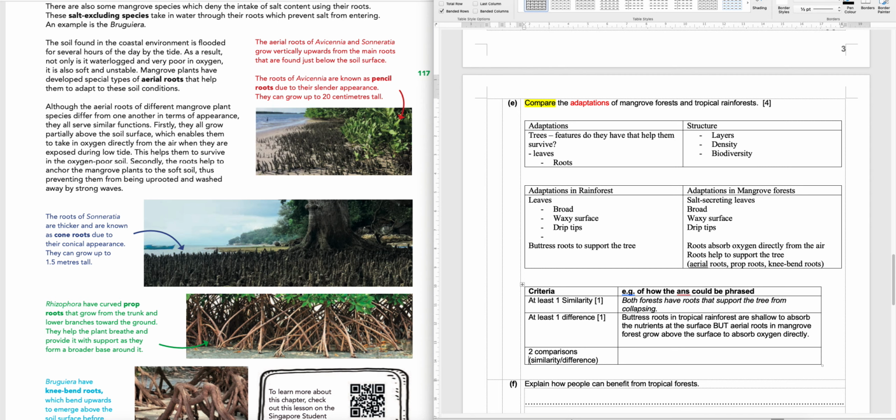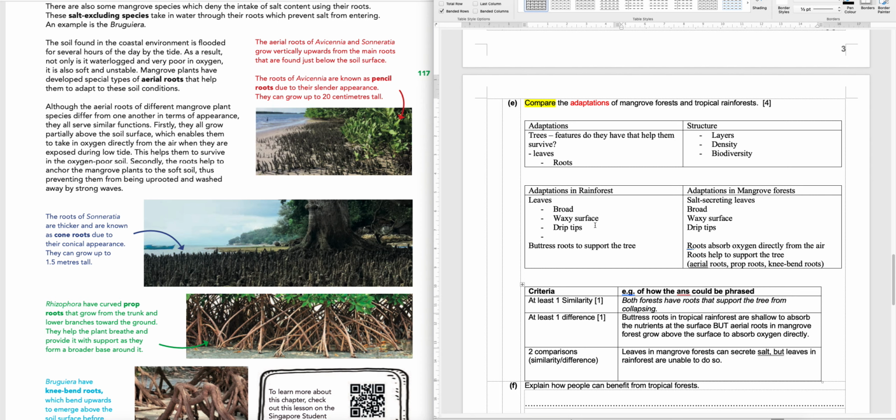Some of you said mangrove forest trees' leaves are able to secrete salt, but rainforest leaves are unable to do so. You can do that also. Then maybe you want to talk about, after you say both have drip tips, both are broad or whatever, I'll leave it to you.